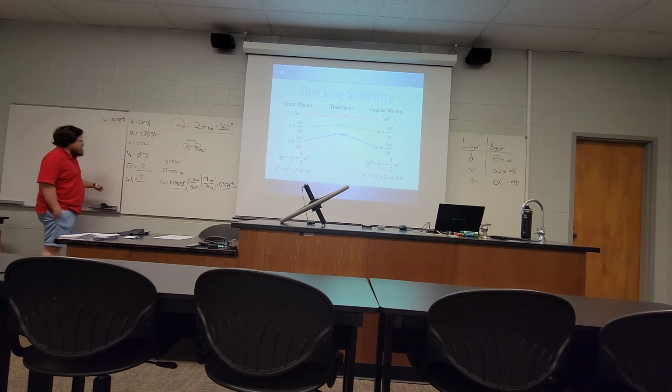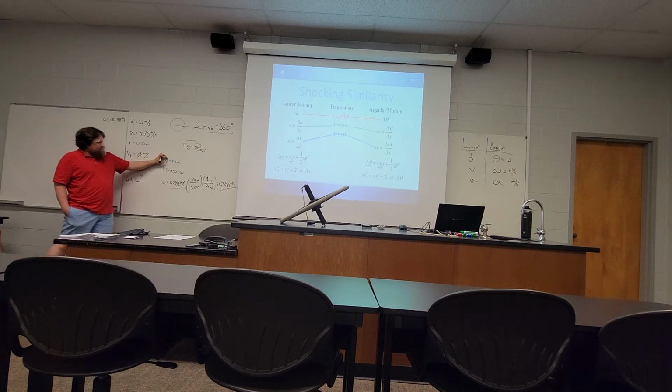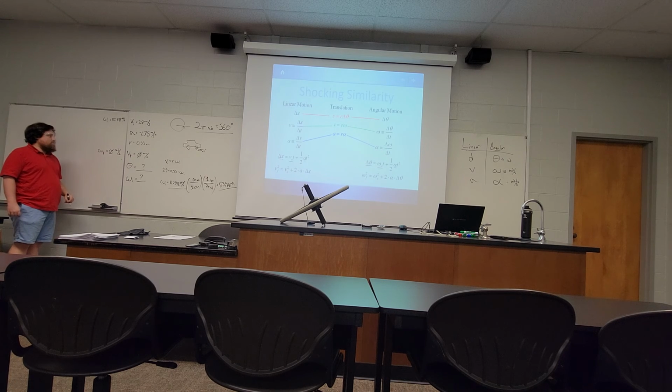So, wait. I said that all wrong. I apologize. Final linear velocity is 0. Plug in a 0 for velocity, you'll get a 0 for angular velocity. So, final angular velocity will also be 0. That is what I'm trying to say. So we've got most of the linear stuff converted already.